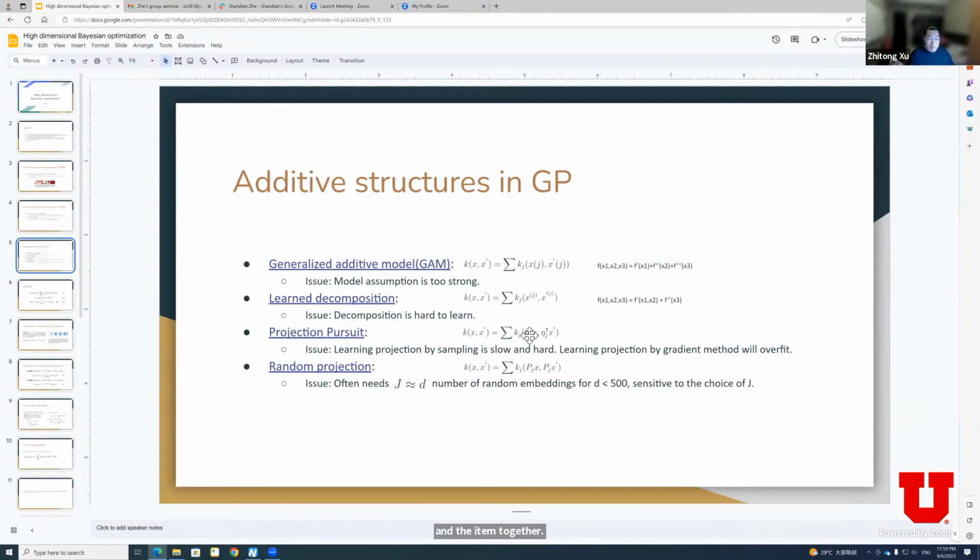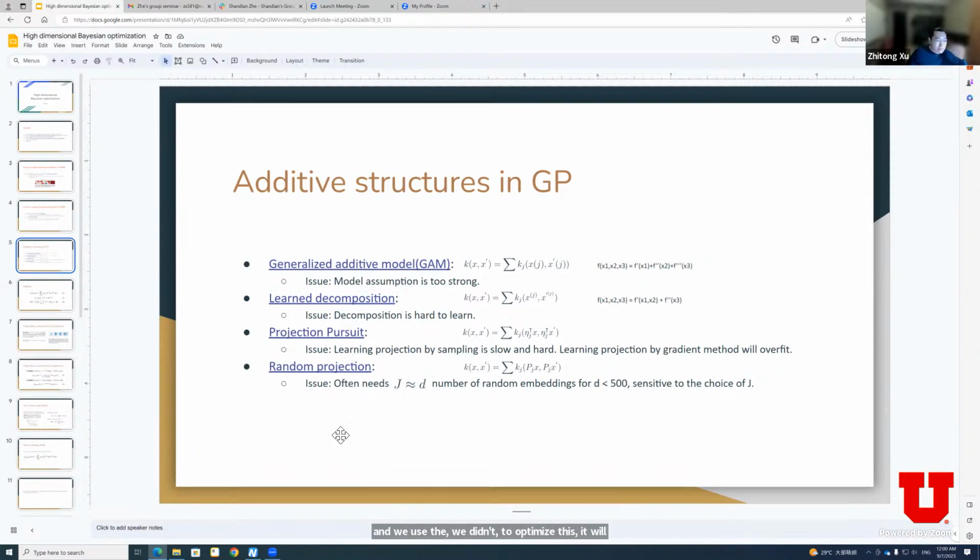The problem is that learning the projection by sampling is slow and hard. And if we treat the projection matrix or vector as parameters and use a gradient method to optimize it, it will overfit because we are introducing new parameters.